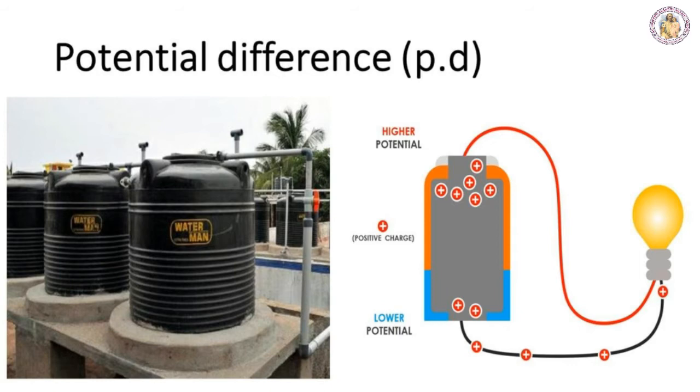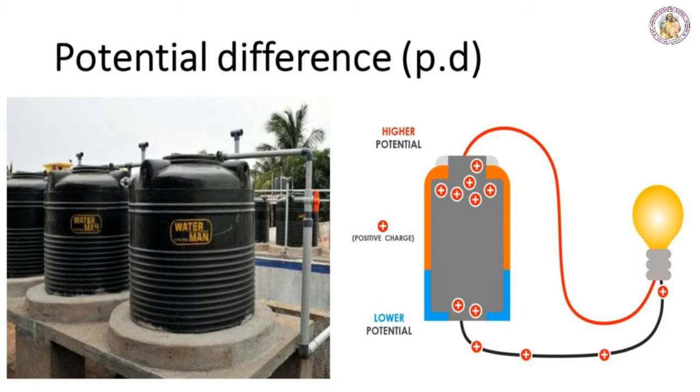This difference is produced by a battery or cell. The chemical reaction within a cell produces potential difference across the terminals of the cell. When the cell is connected to a conducting circuit, the potential difference sets the charges in motion in the conductor and produces an electric current.